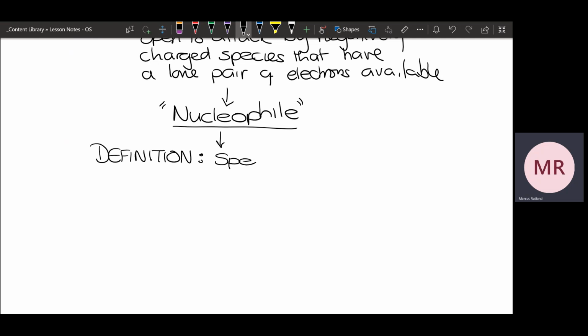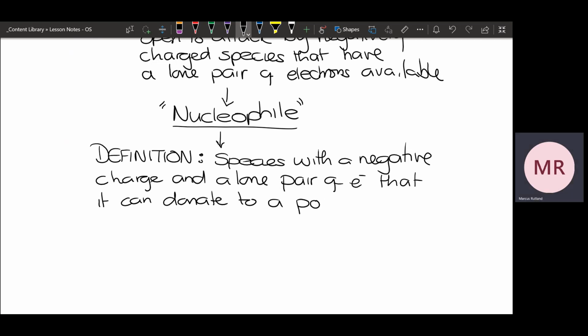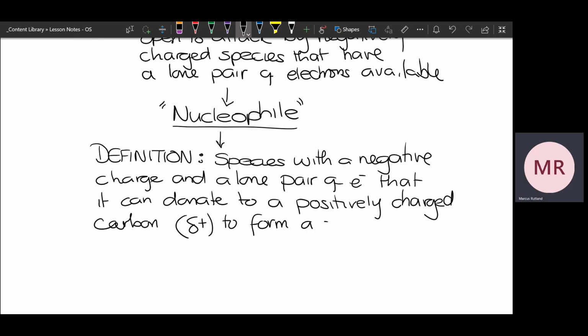This is a species with a negative charge and a lone pair of electrons that it can donate to a positively charged carbon, which normally is delta plus, to form a covalent bond to it.